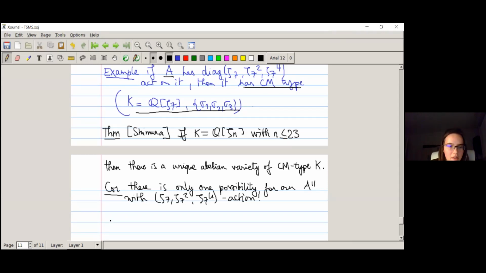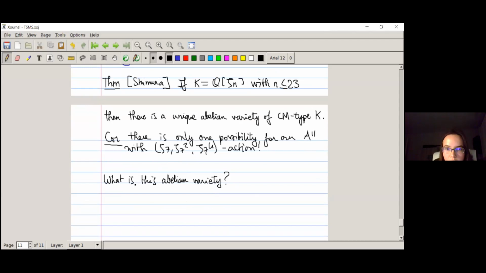And now, which is this possibility? Well, here we're going to do some Galois theoretic magic. You have K, so K is Q(zeta_7).